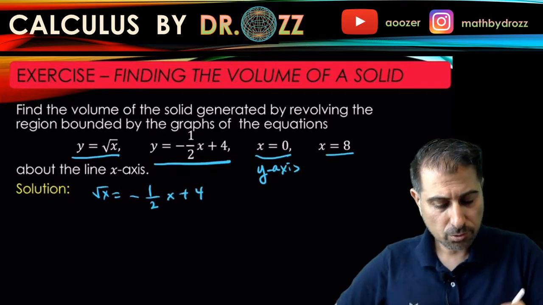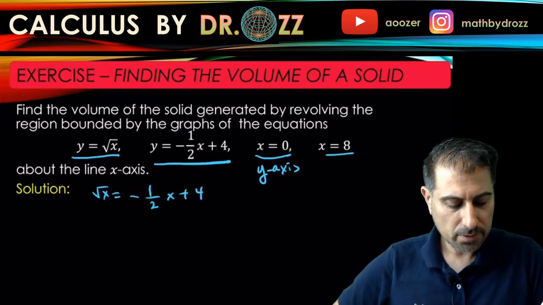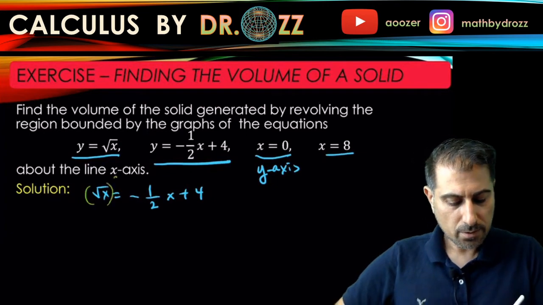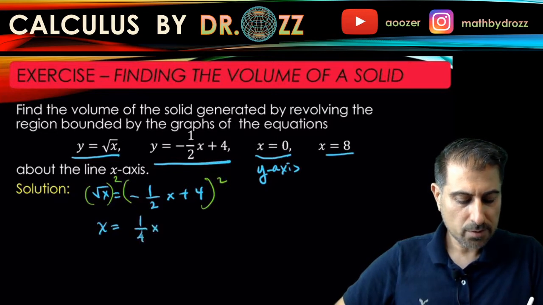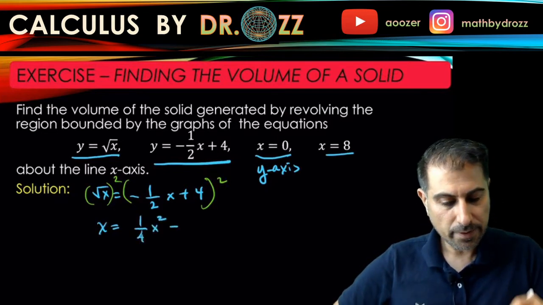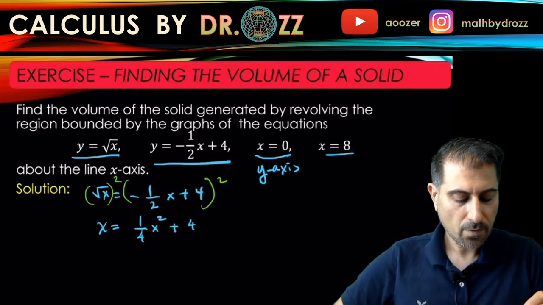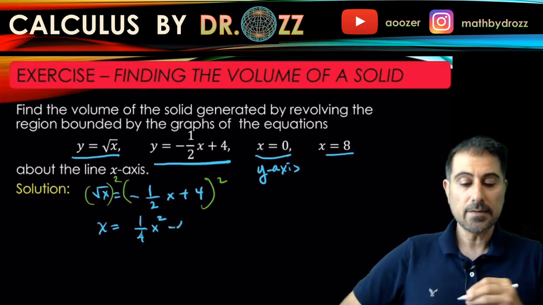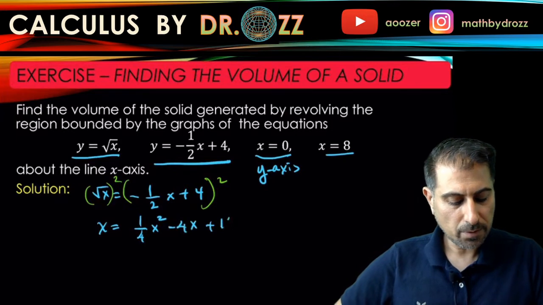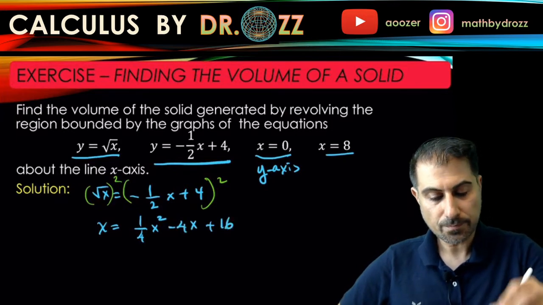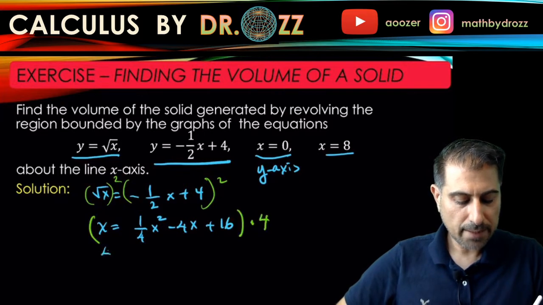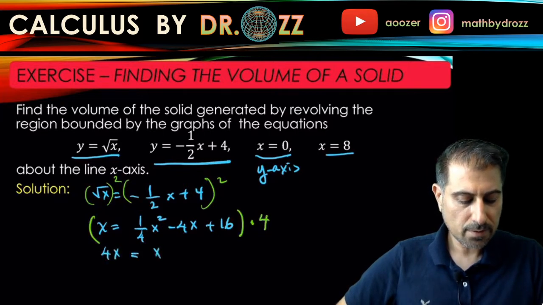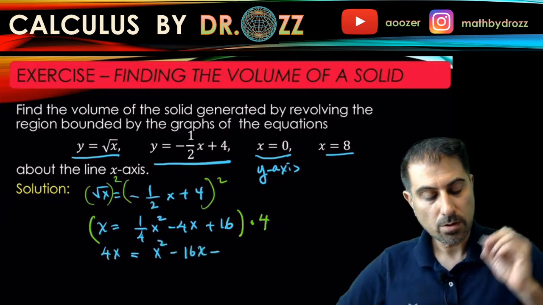Let's take the square of both sides to get x equals 1/4 x squared minus 4x plus 16. Now I'm going to multiply everything by 4: 4x equals x squared minus 16x plus 64.